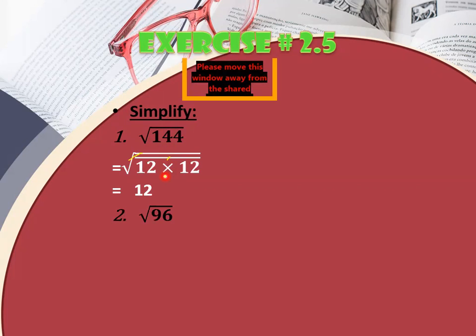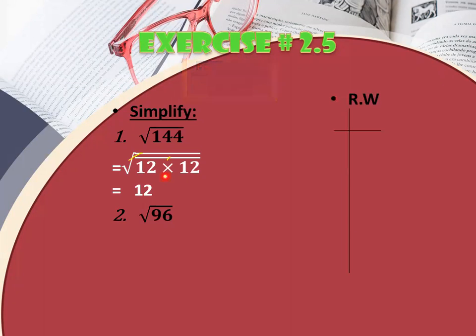Square root of 96. Now this 96 is basically not the perfect square of any number. So to break this 96 down into its factors, what we will do, we will take the LCM of 96. Just like this, in the working column, we are going to take the LCM of 96. So what will be the LCM of 96? Simply you will divide this 96 by 2.